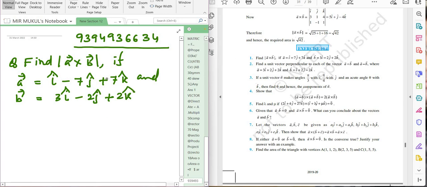So i minus 7j plus 7k and 3i minus 2j plus 2k. So first find A cross B.